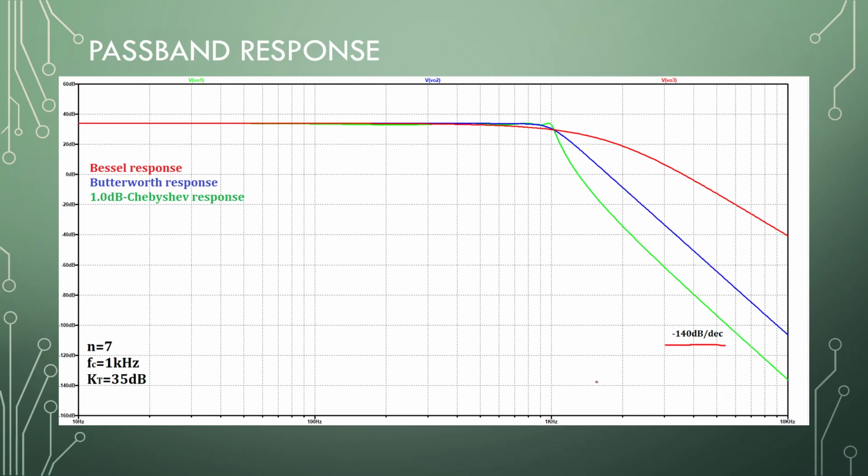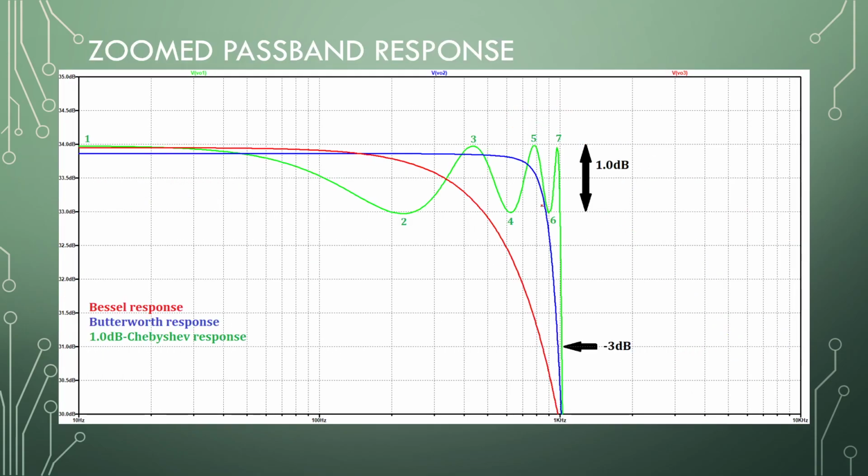This is a 7th order filter, 1 kilohertz design, 35 dB passband gain. Okay, let's zoom in on this part. So this will make things much clearer, this is still from 10 hertz to 1 kilohertz.